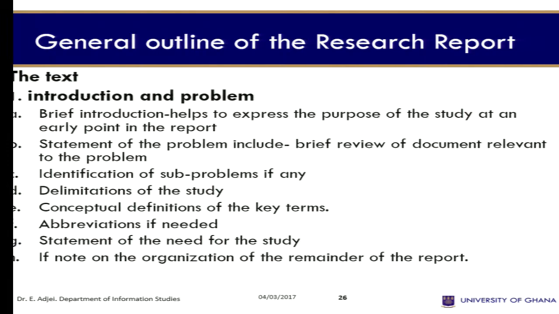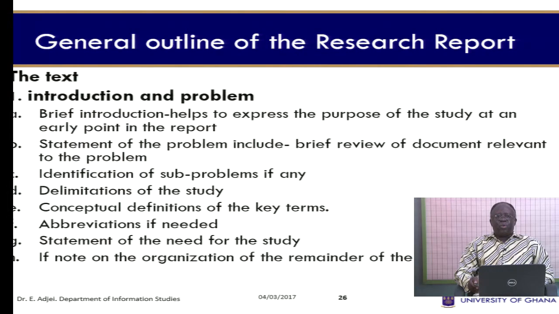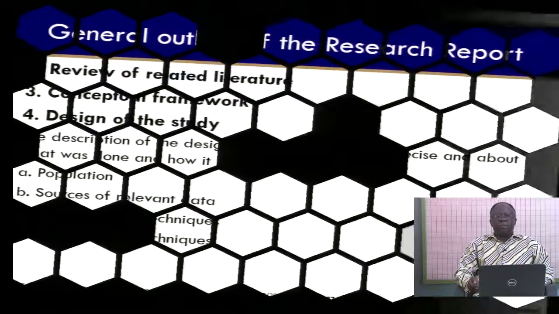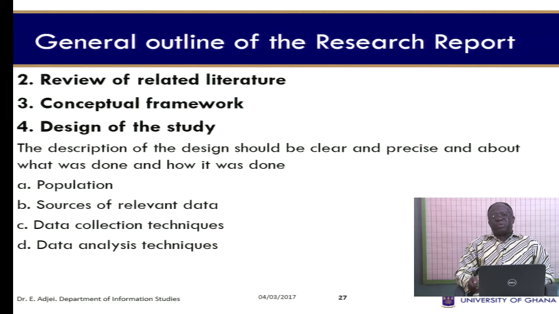You come to the main text where the first item provides the introduction and statement of the problem with all the sub-items that you find there. And then you come to the section that reviews your literature, and then the conceptual framework, and the section that designs the study.